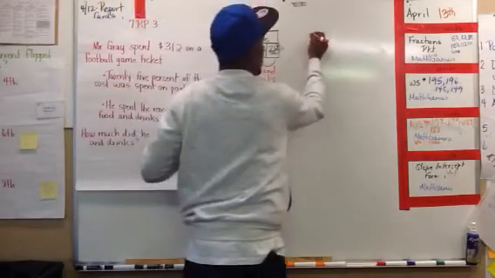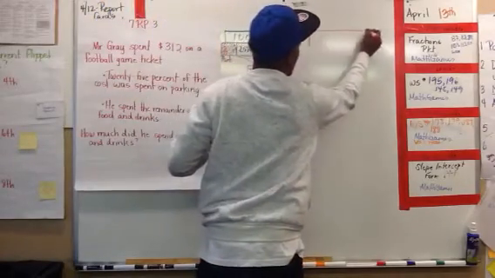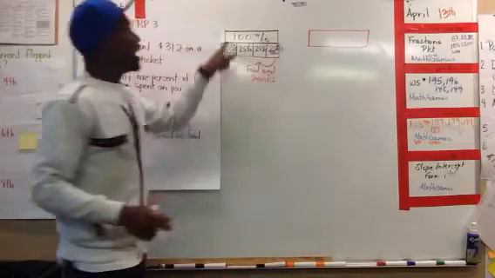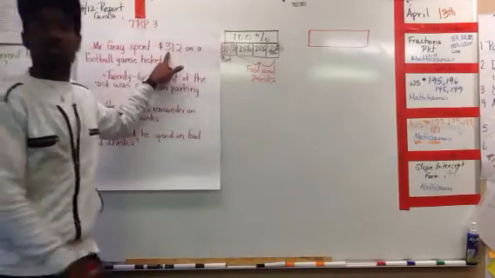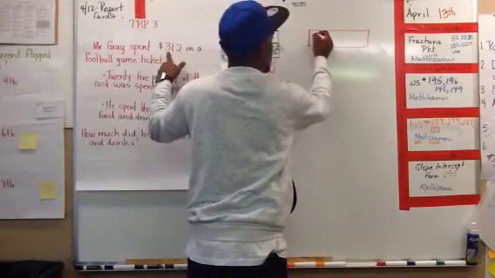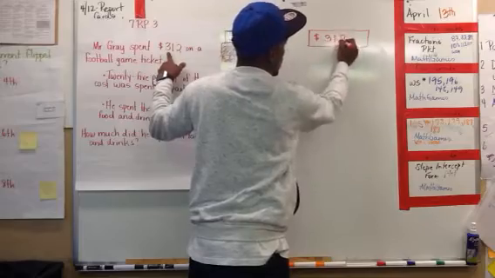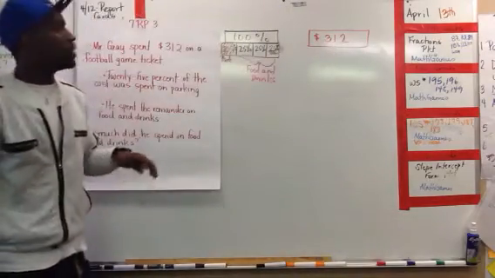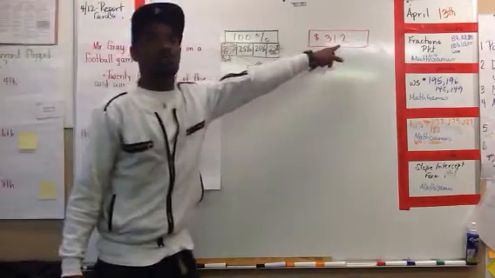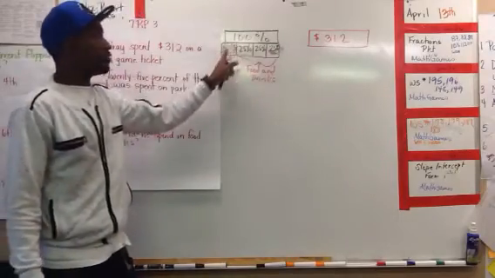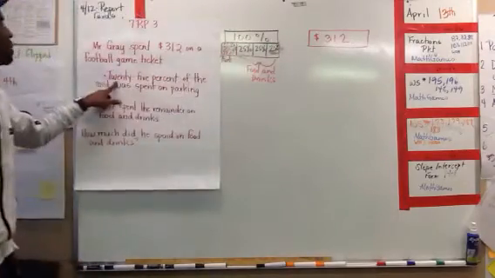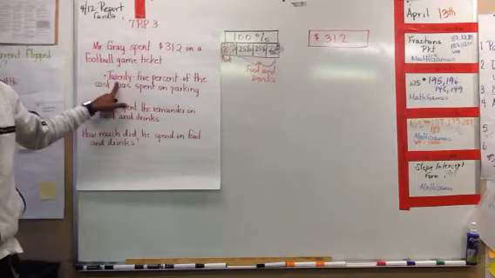I'm going to use this same whole piece, this whole bar. 100% was $312. Well, I know that I broke that $312, or that 100%, into 4 pieces. Why? Because my first bullet told me 25% of something.